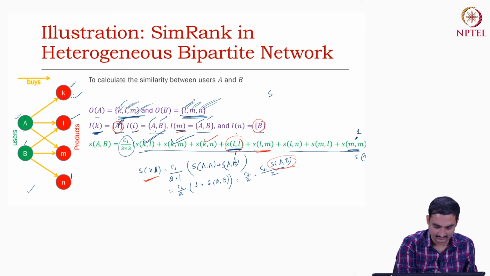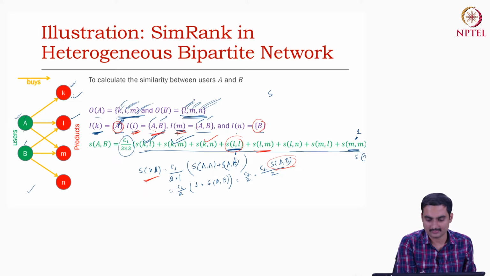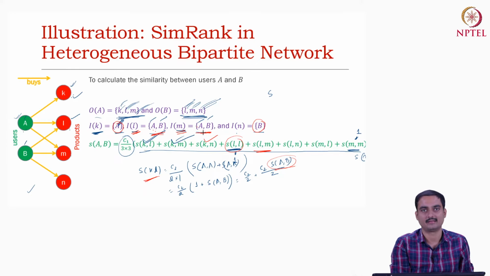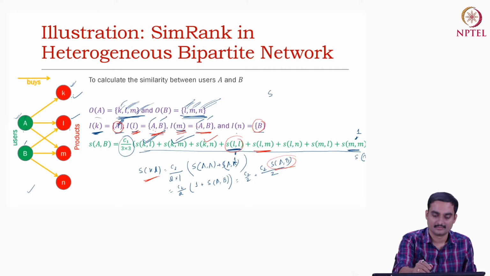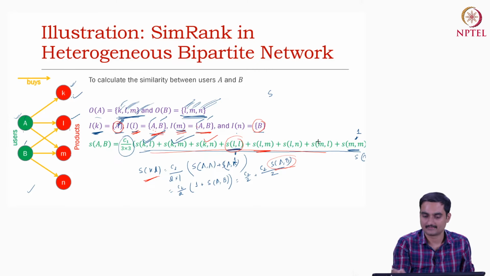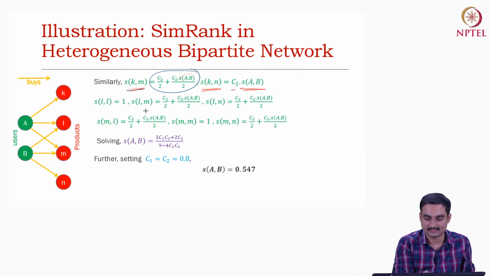S of LM, right? So L and M, L and M. So you have basically the same pairs, A and B. So you have AA, AB, BA and BB. Okay, you can also write in terms of S of AB. If you think about it carefully, you will see that all these similarities can be either one or a function of S of AB.